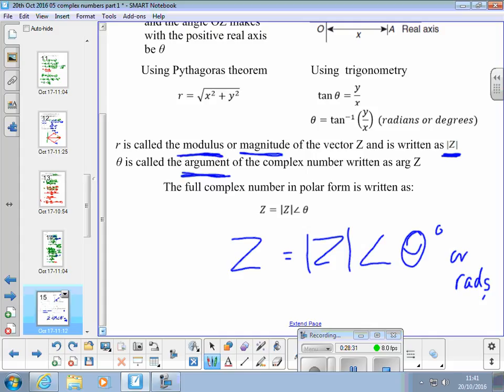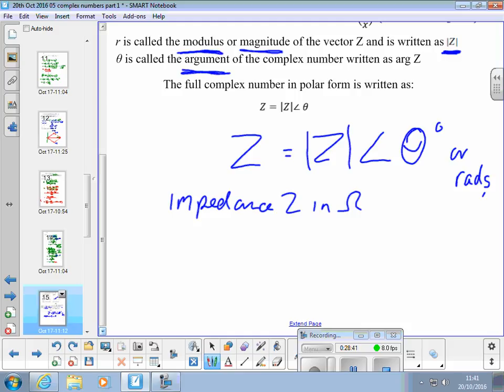If we are talking about an impedance Z in ohms, you'd write it as Z is equal to the magnitude of that, ohms, angle theta degrees.